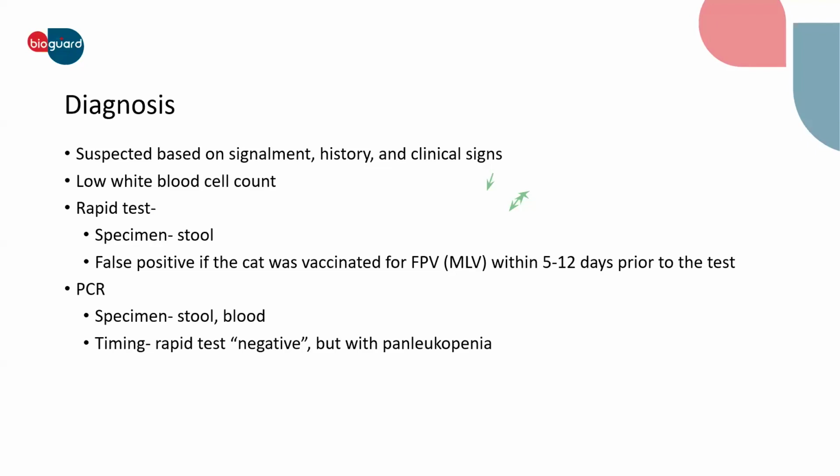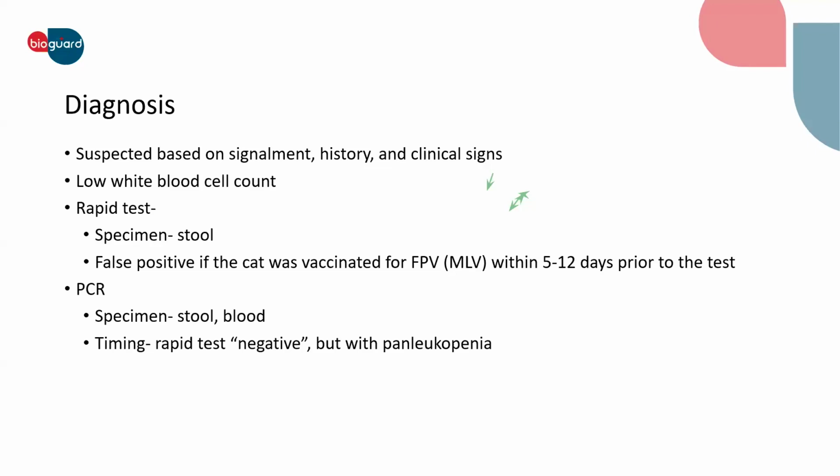Because the rapid test is more economical and cost-friendly, if the pet owner considers the PCR test too expensive, you can suggest it anyway, because PCR has the highest sensitivity and is the most accurate way to detect CPV or FPV infection.